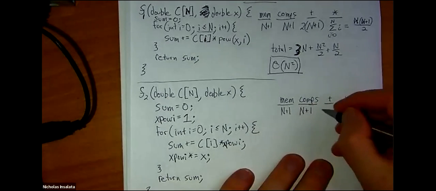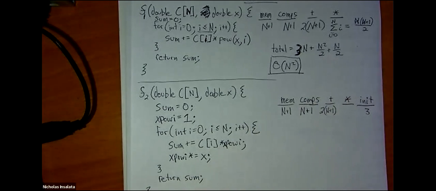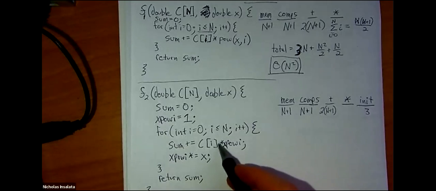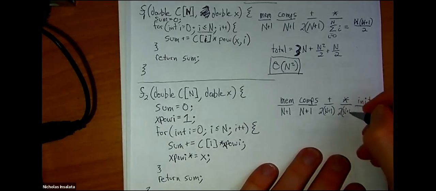Yep, 2n, or 2 times n plus 1. Okay, and multiplications. Two n, yep, because we've got to multiply here and here, right? So again, 2 times n plus 1.